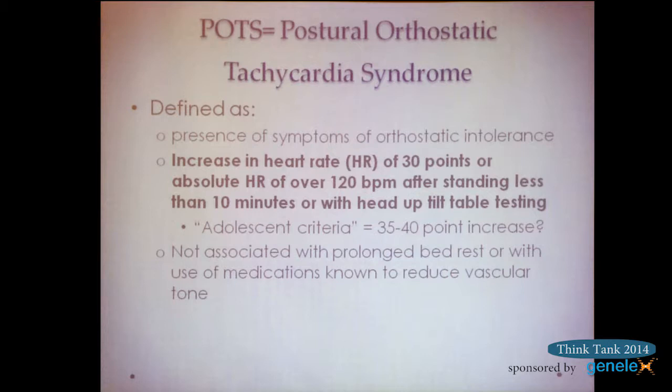There are some adolescent or younger patient criteria that include a higher heart rate response, a 35 to 40 point increase. I think that is sometimes a bit controversial in my practice, especially when you have patients who clearly have orthostatic intolerance and maybe don't reach that criteria when they're evaluated.